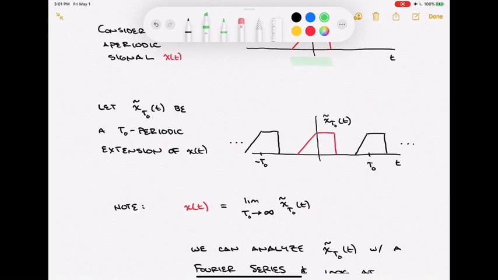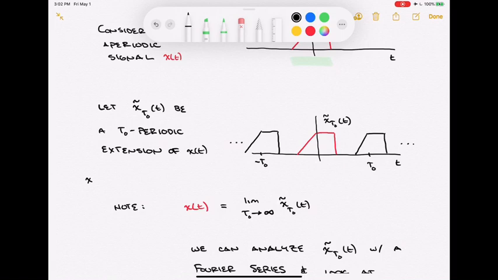So x tilde sub t naught, x tilde just tells us it's a periodic replication. The sub t naught tells us the period of that replication, so that capital T naught is just the period, and it is still a function of time. So x tilde sub t naught of t is a t naught periodic extension or replication of our original signal x of t. If I wanted to write an equation to do this, that isn't all that difficult either.